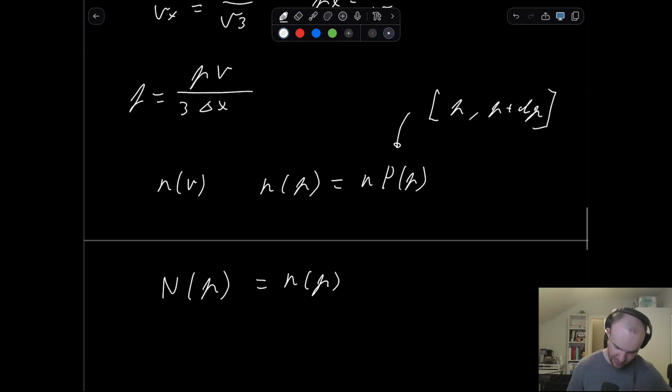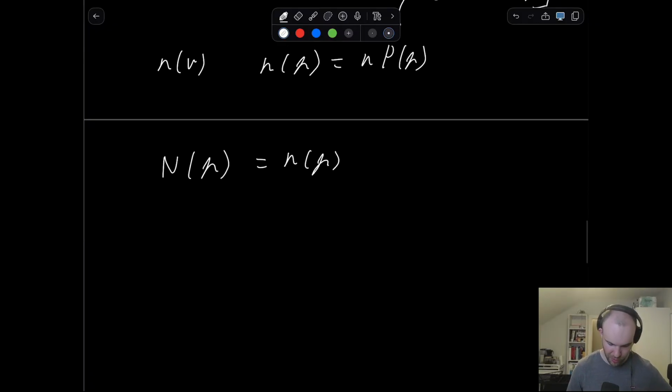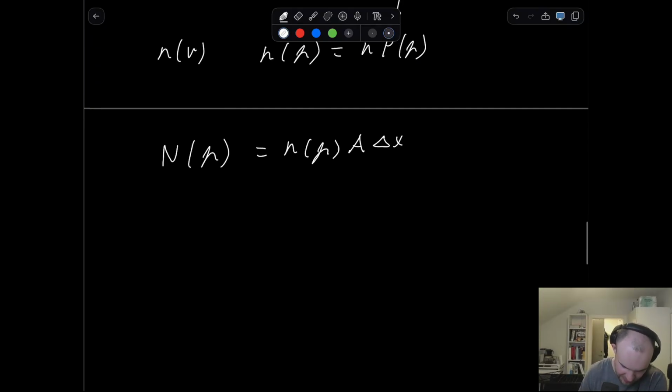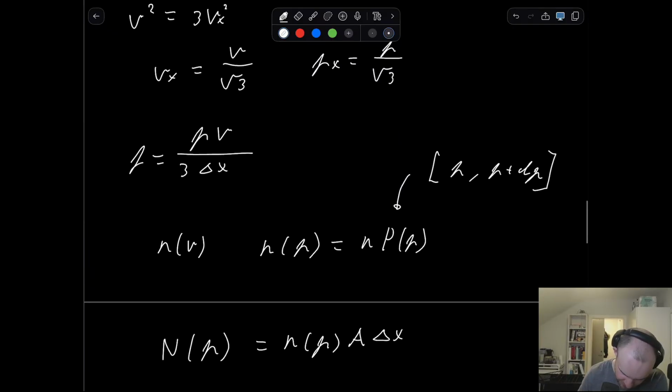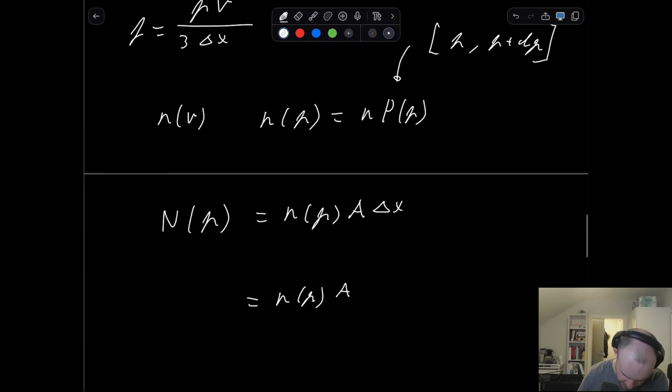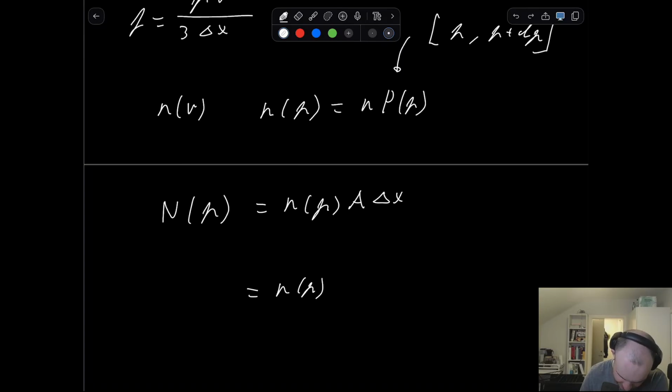Now we want the total number of particles. That's just the density, and in order to get the rest, we just need a volume. The volume is just A delta x. Pretty neat, okay? Then we can write this as n of p, A can just stay there, and delta x, I keep it like that.